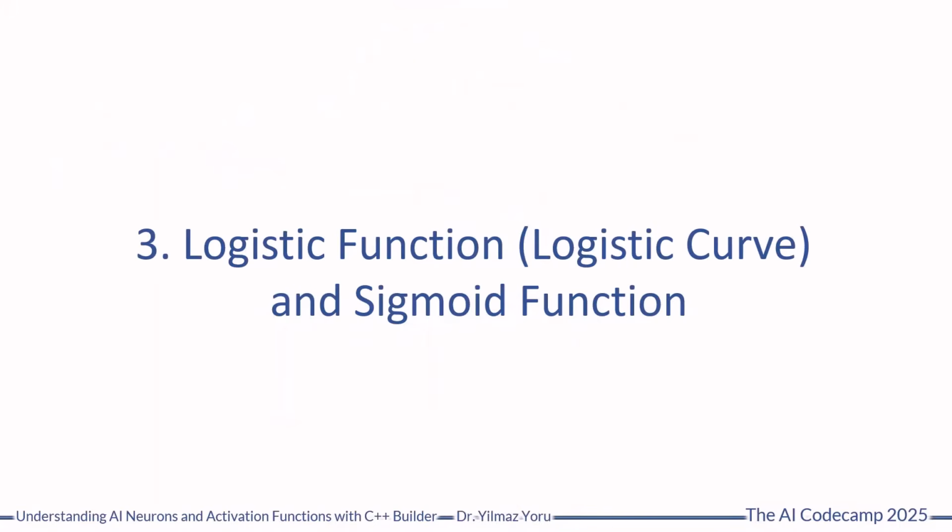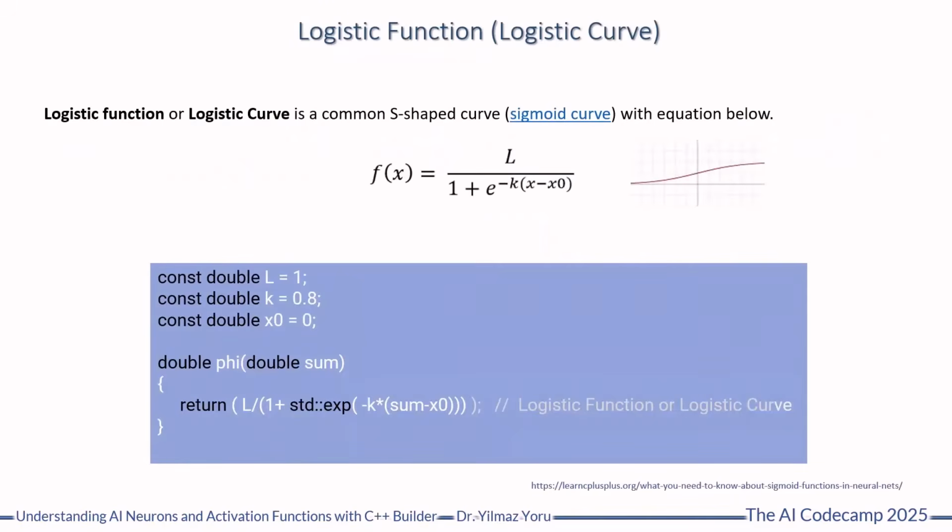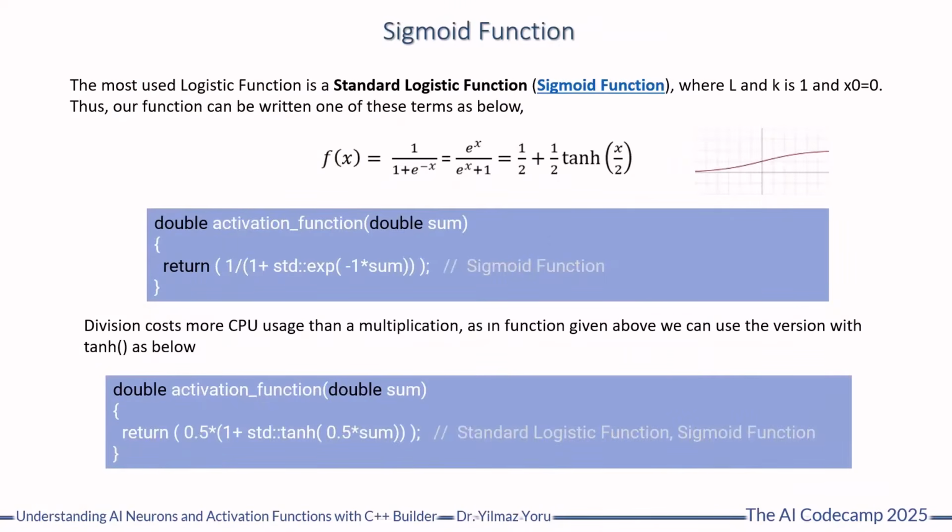Now the third one is the logistic function. The logistic function, or logistic curve, is the most common S-shaped curve. We mostly use the sigmoid function in this category, with the equation as below. And here is a very simple example of the logistic function. One of the most popular logistic functions is the sigmoid function.